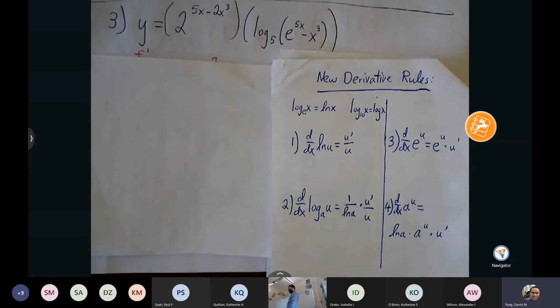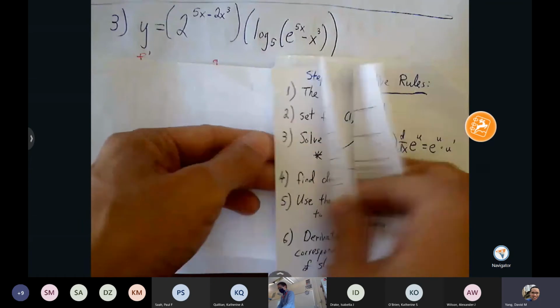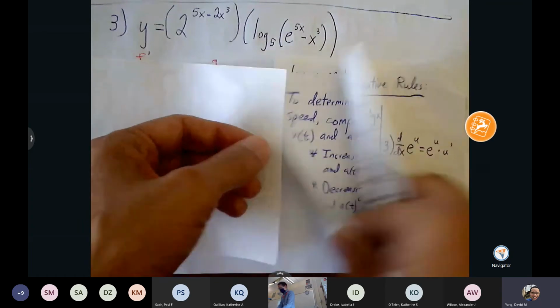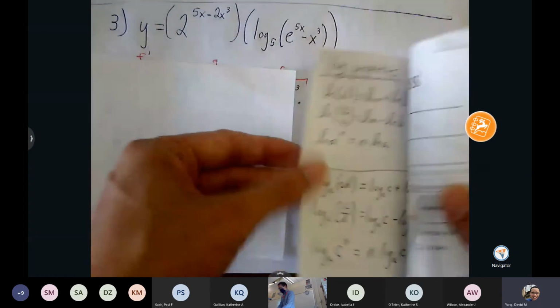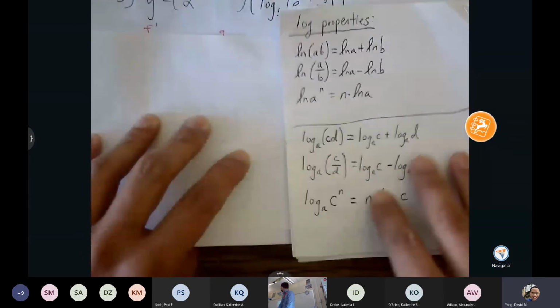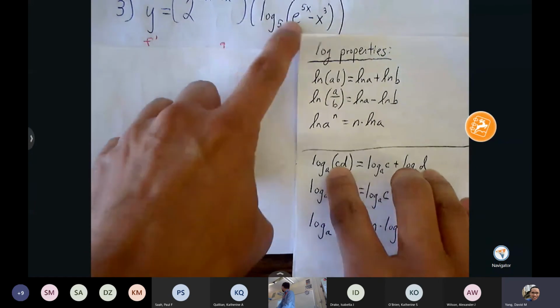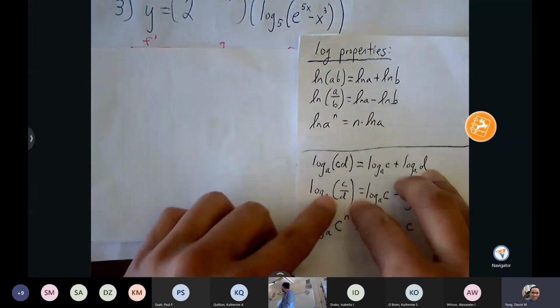Well, you could put e to the 5x over x cubed. So here's the thing: if it doesn't look exactly like the rules that are available, then we're not able to move forward. We don't have a rule for log of a minus b or log of c minus d, right?